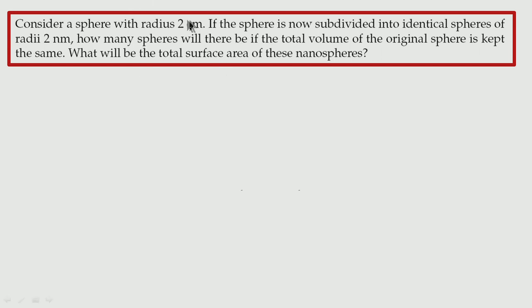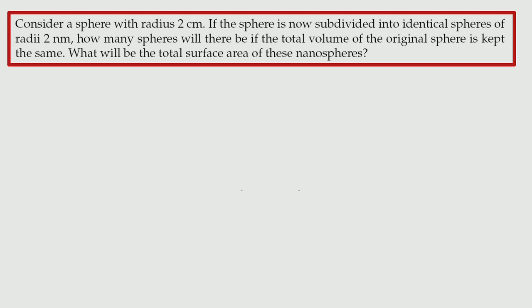Now you have a sphere of radius 2 centimeters, and you cut it into smaller spheres. The only difference is the radius of each sphere is 2 nanometers here. So how many spheres will there be if the total volume of the original sphere is kept the same?